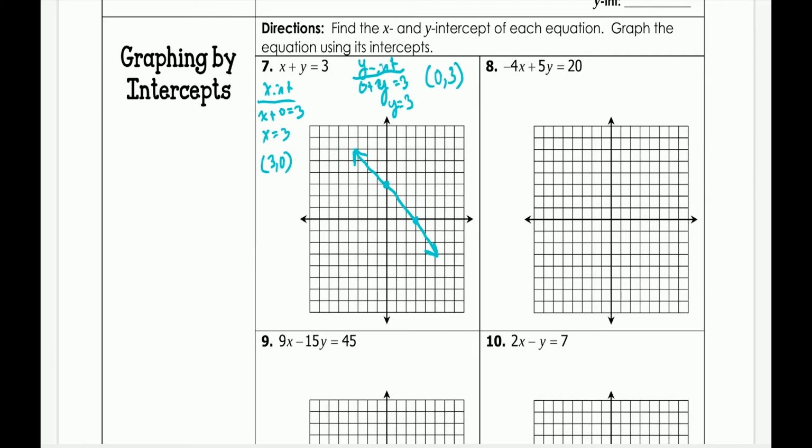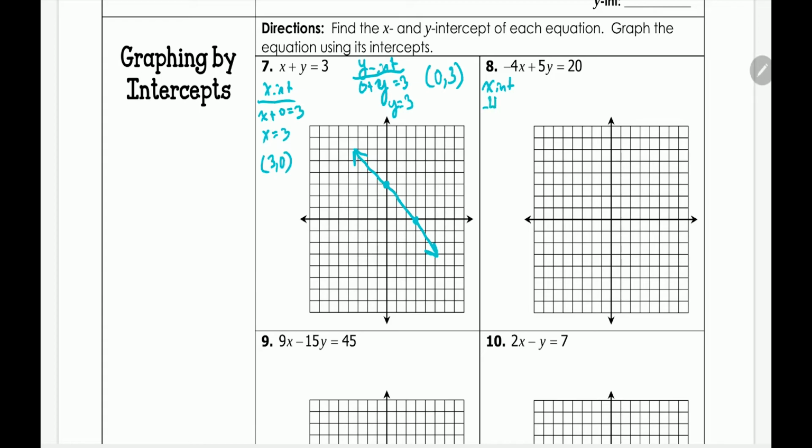So let's move on to something a little bit more difficult with number 8. With number 8, we're given the equation negative 4x plus 5y is equal to 20, and we are asked to graph using the intercepts. First things first, let's find the x-intercept. We're going to set y equal to 0 and solve for x.